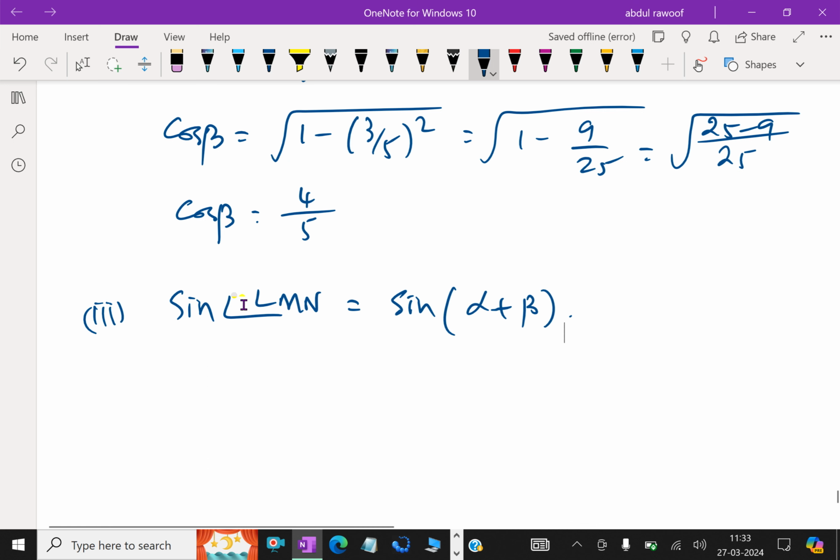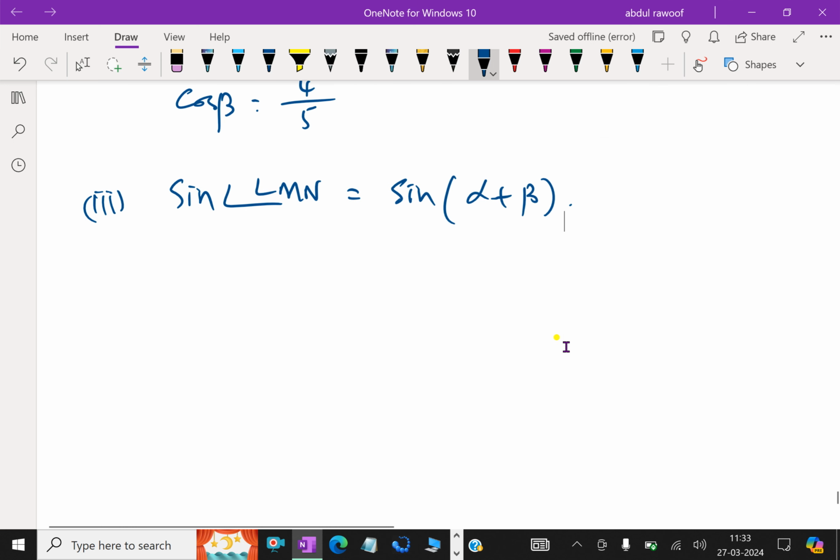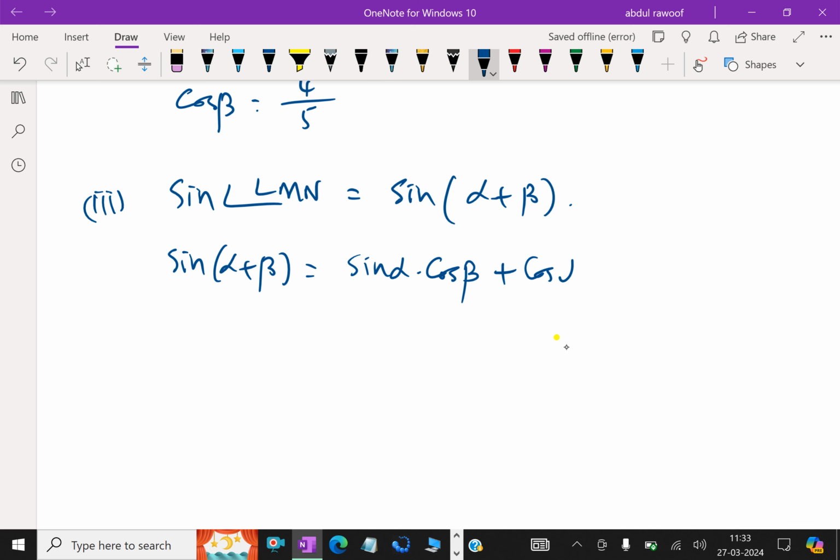Both together make the angle LMN, that is alpha plus beta. We know that sine of alpha plus beta equals sine alpha cos beta plus cos alpha sine beta.